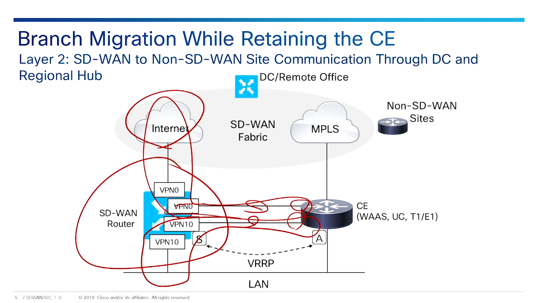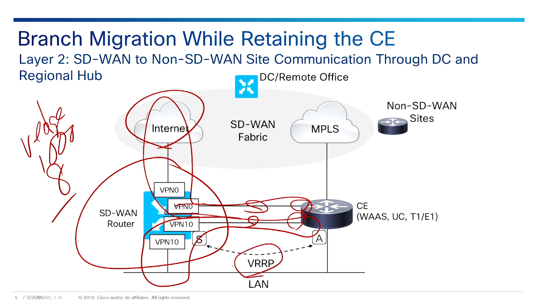And remember the vEdge 1000, for example, has 8 interfaces on it, so we have plenty of capacity on the vEdge devices for this task. Even the lowest model, the 100, has 4 Ethernet interfaces on it. Okay? So the two edge routers are configured with VRRP.